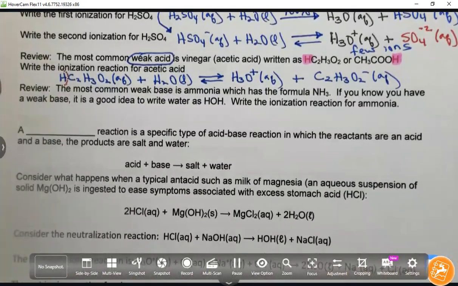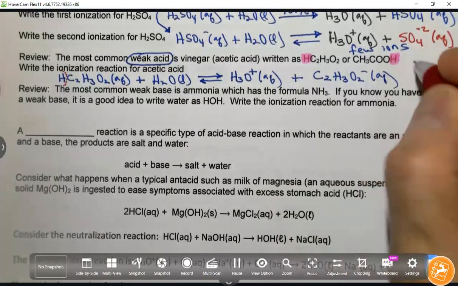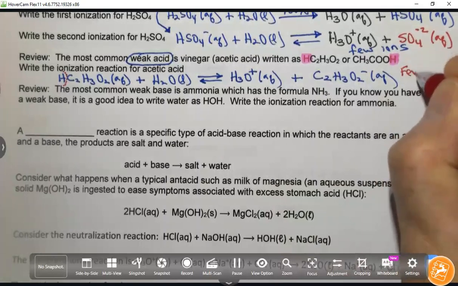If you have a weak acid, you are going to get few ions.